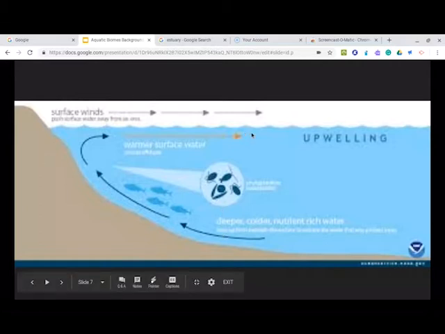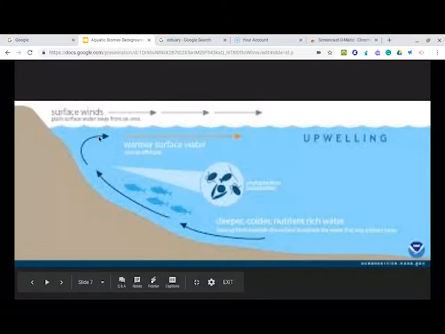So the surface water is being pushed away, and you're going to have cooler water coming up from the bottom. Not only is it going to bring that colder water up, which we just talked about has more oxygen, but down here at the bottom, you're going to have dead fish, fish poop, things like that. And it's going to add nutrients to this water as it rises up.